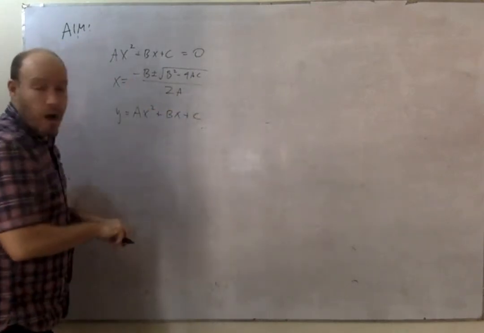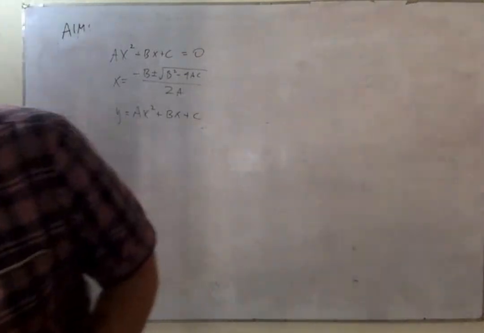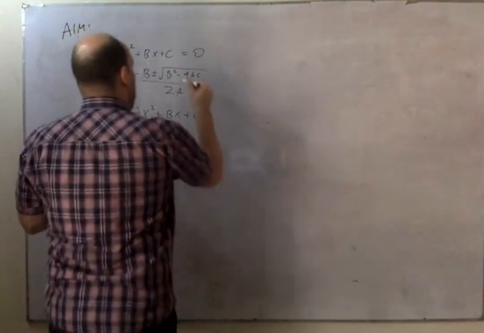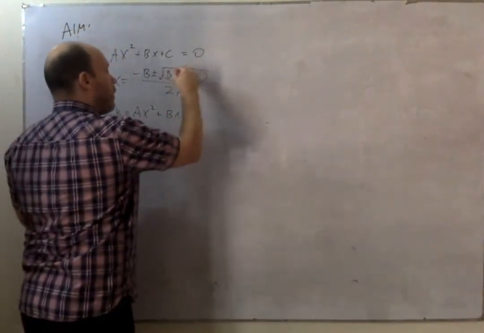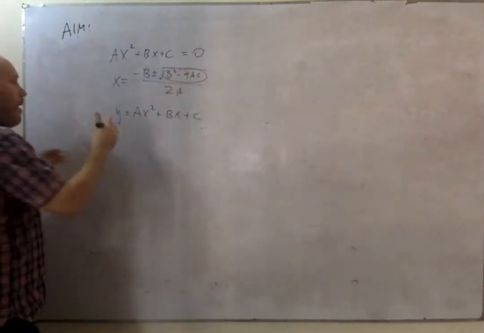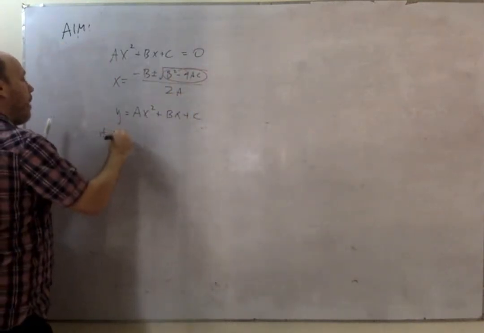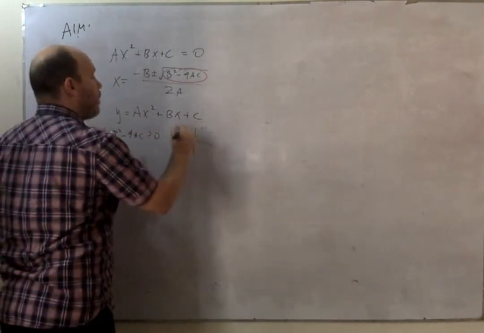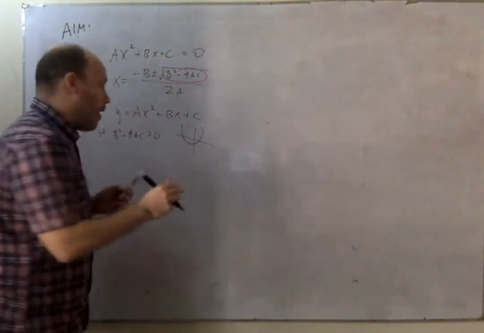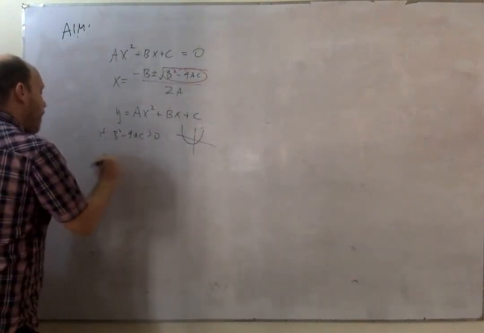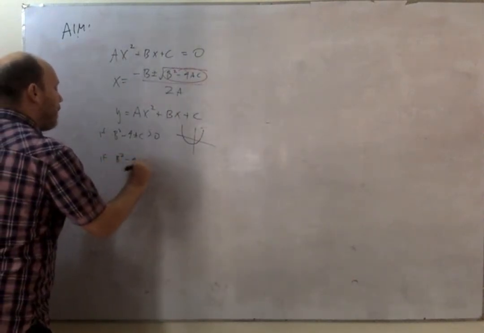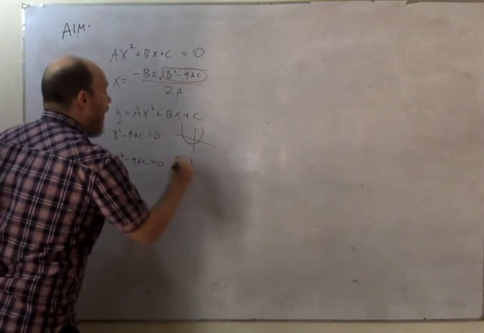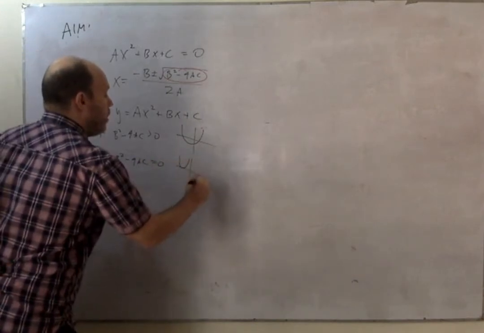And what we said was, if we look at the expression under the radical, b squared minus 4ac, we saw that if b squared minus 4ac was greater than 0, then the parabola touched the x-axis in two locations. We saw that if b squared minus 4ac equals 0, it was tangent to the x-axis.